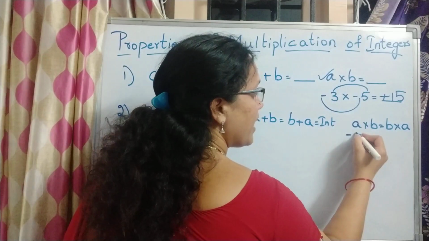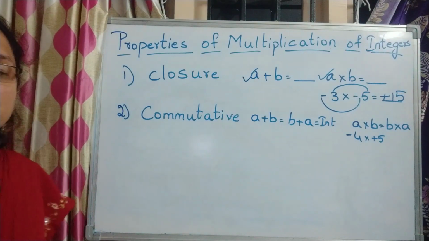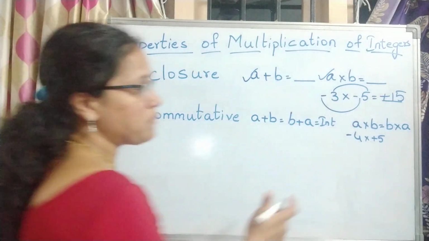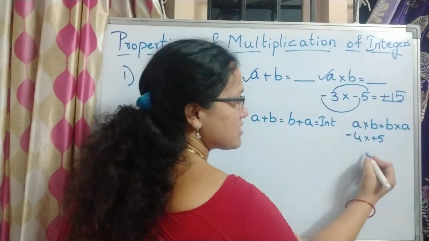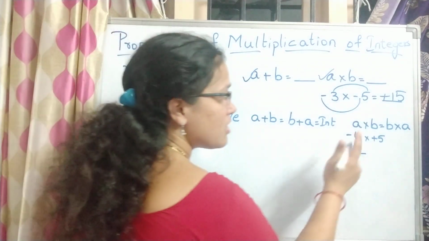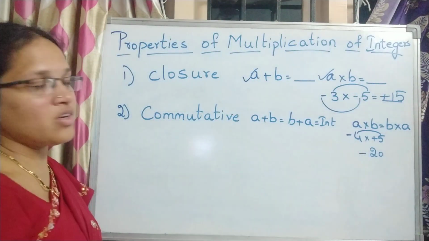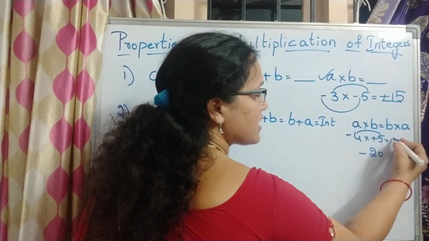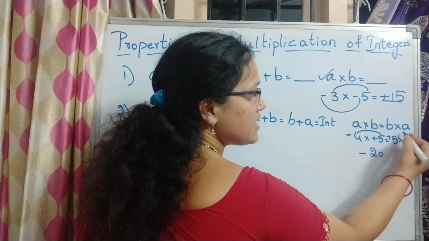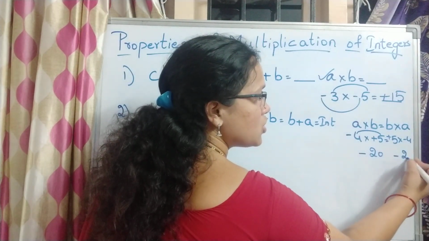See, minus 4 into plus 5. Suppose a is minus 4 and b is 5. Minus 4 into 5. Minus into plus is minus. 4 into 5, 20. Correct? Yes. Now let us see the other side. 5 into minus 4. Plus into minus is minus. 5 into 4, 20.